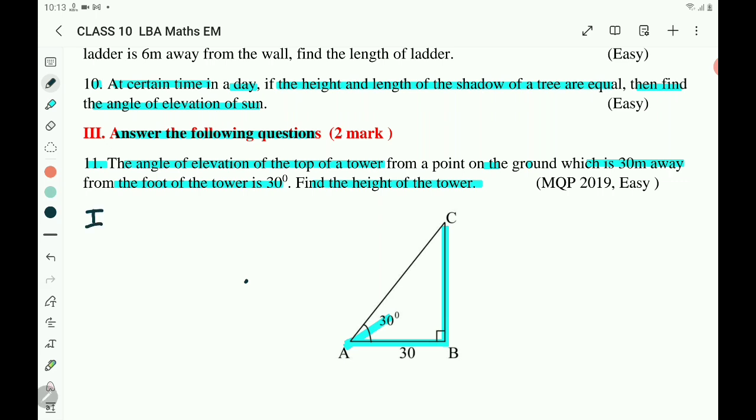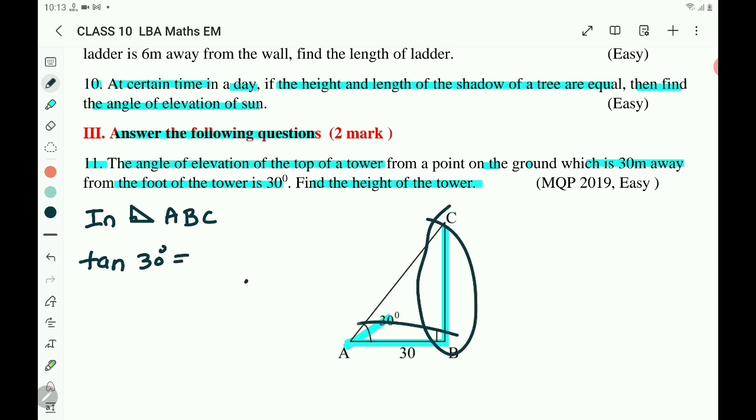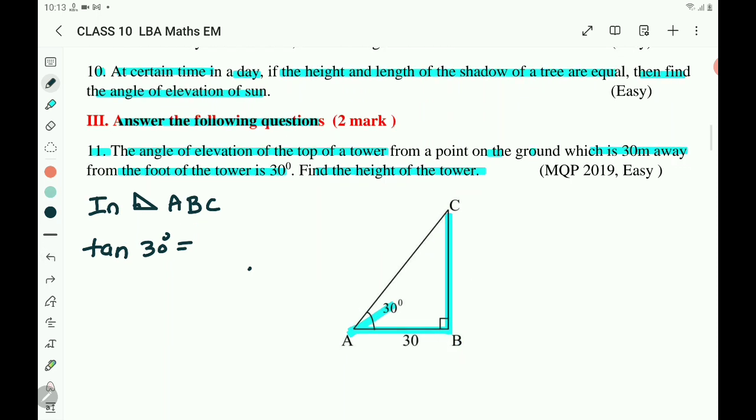In right angle triangle ABC, tan A, or you write directly tan 30 degree is equals to opposite side by adjacent side, or directly you can write opposite side BC by adjacent side AB.